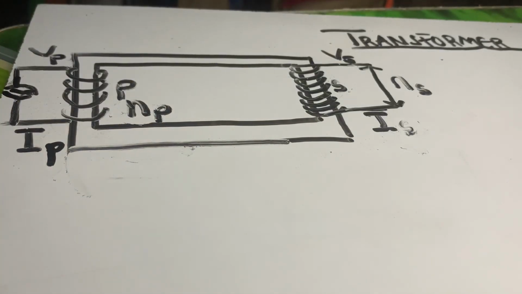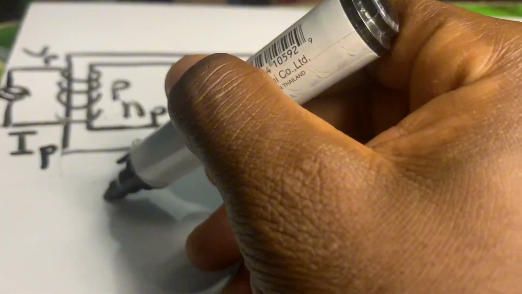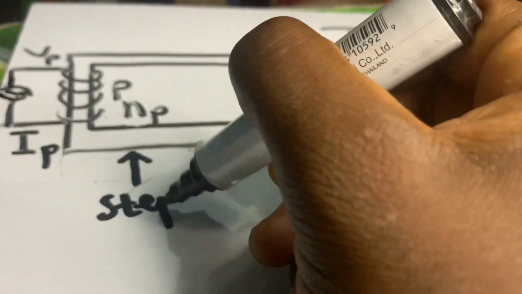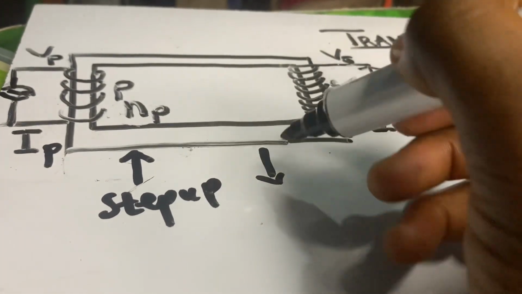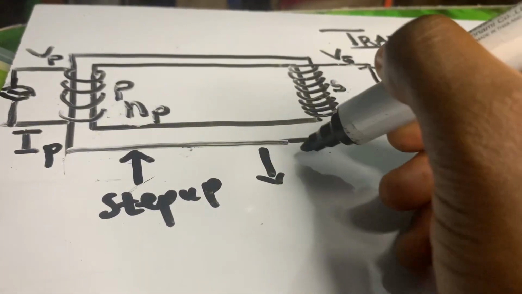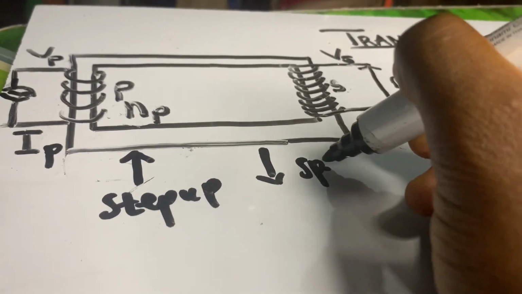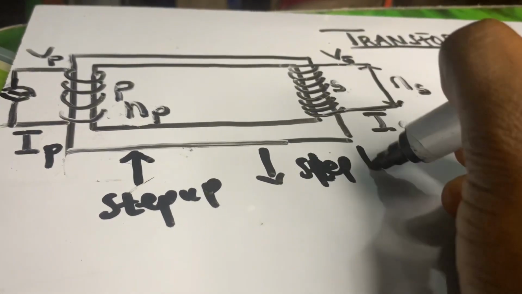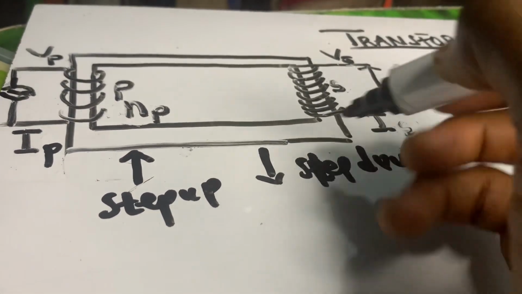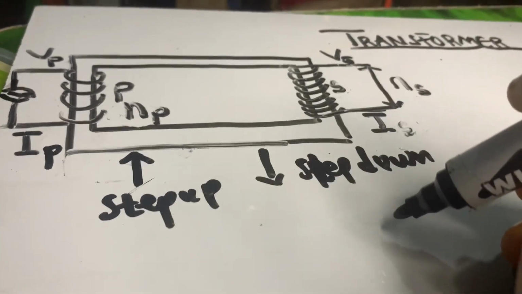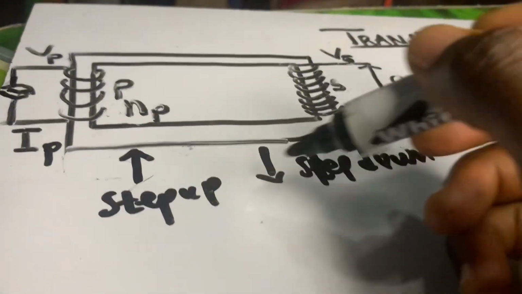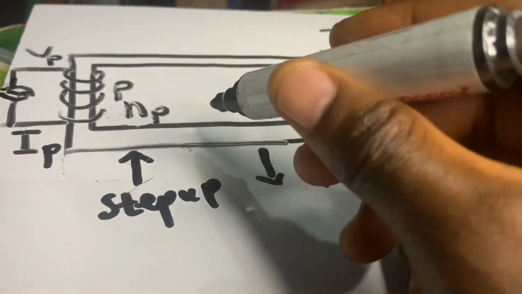So transformers are used to step up or step down a voltage. Stepping down means you are decreasing the voltage, and stepping up means you are increasing the voltage.